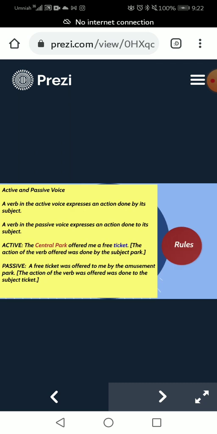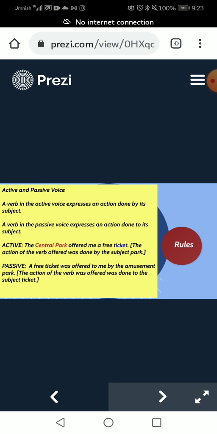Active and passive voice. A verb in the active voice expresses an action done by its subject. But a verb in the passive voice expresses an action done to its subject. For example, we have an active here. The Central Park offered me a free ticket.